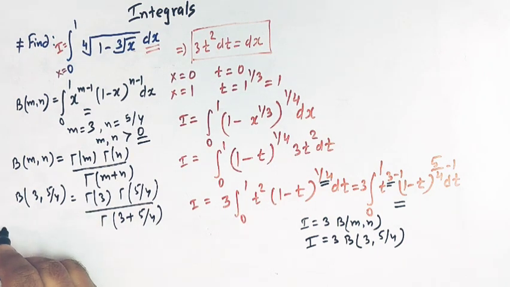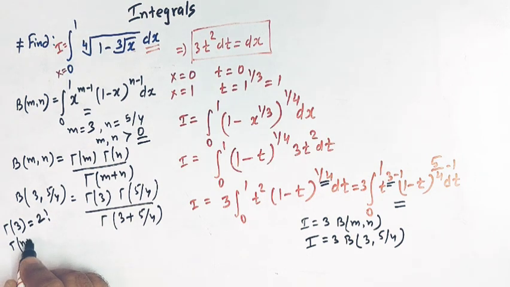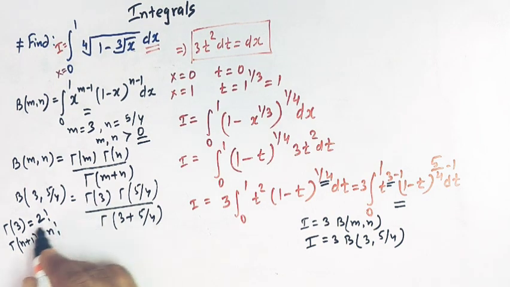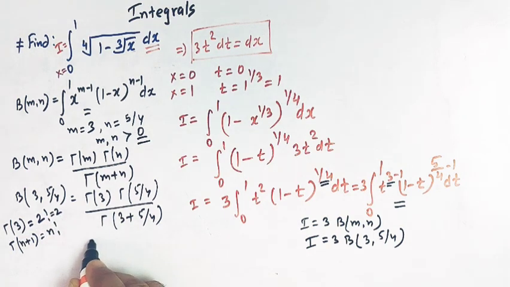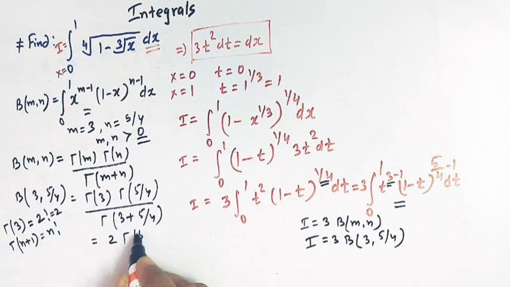So now we know that gamma(3) is equal to 2 factorial, because we know that gamma(n plus 1) is equal to n factorial, right? So here gamma(3) is equal to 2 factorial, which is simply equal to 2. So we have here 2 times gamma(5/4), and here we have 4 3s are 12, 12 plus 5, 17 over 4, right?